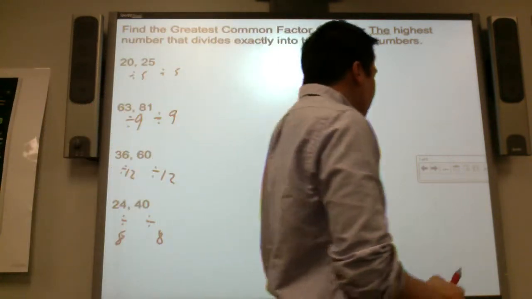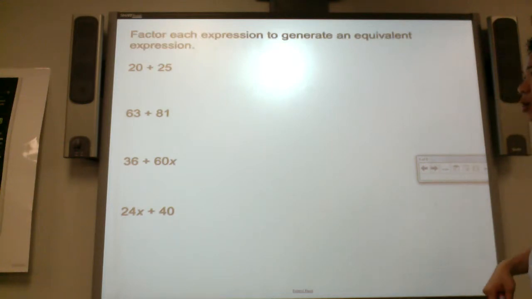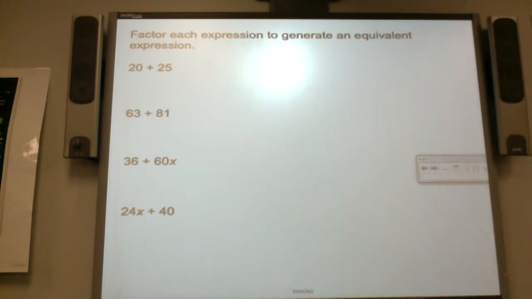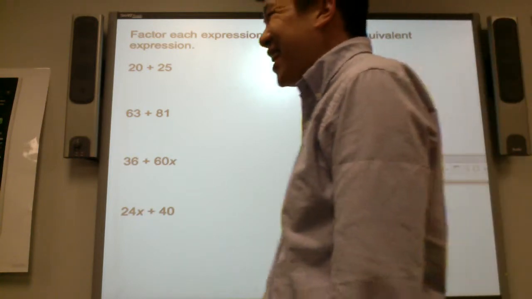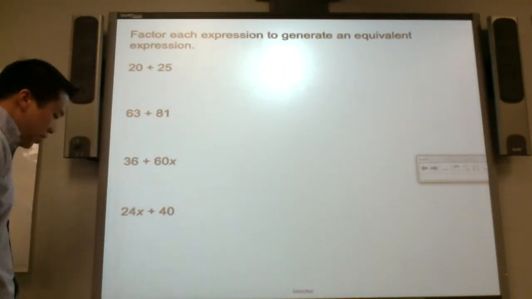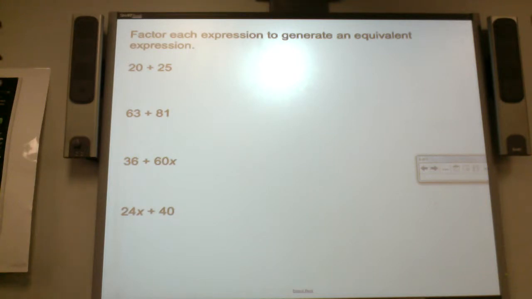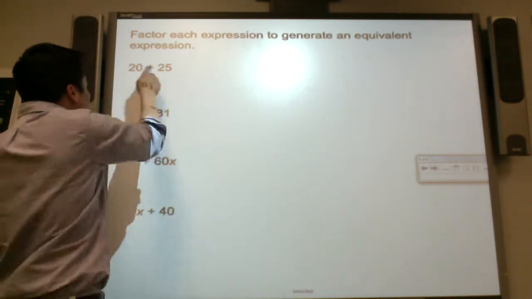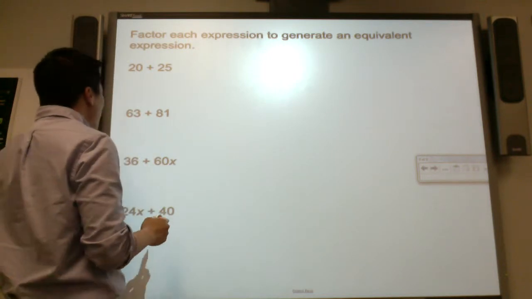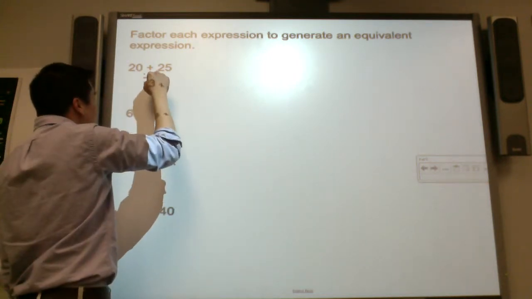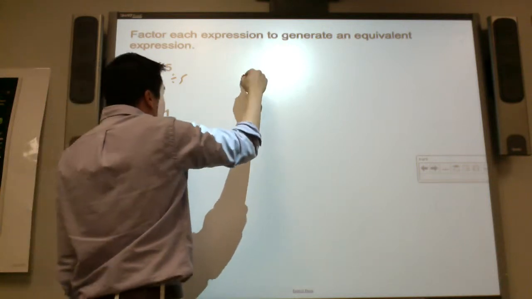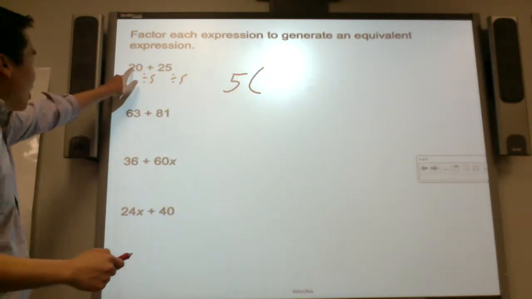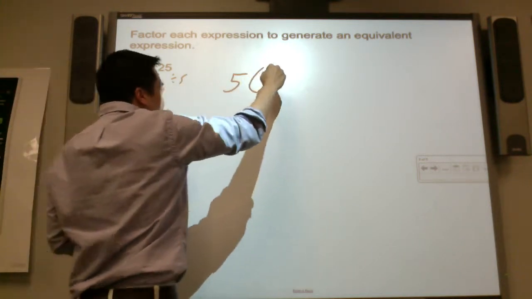So taking what we learned here, now we are going to factor out each expression to generate an equivalent expression. 20 and 25. Is there another expression that you can rewrite 20 and 25 as? What can I divide both of these by? What's the greatest factor that can go into them? 5. So, what makes 20? 5 times 4.